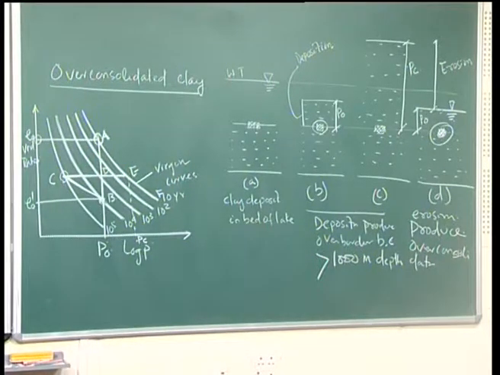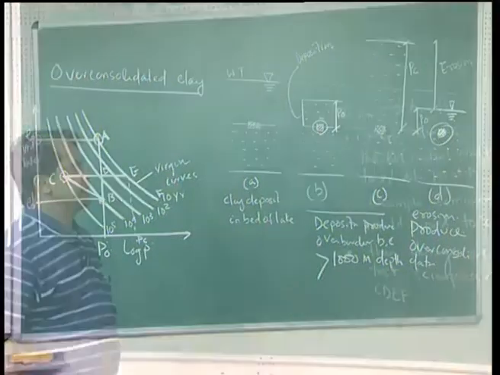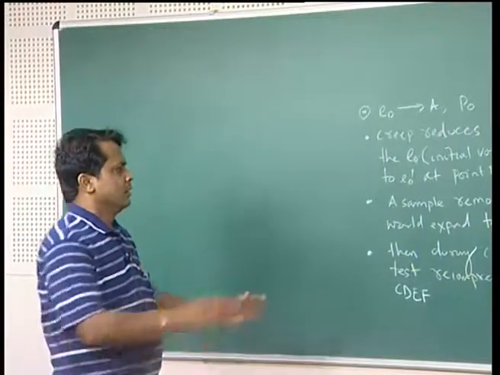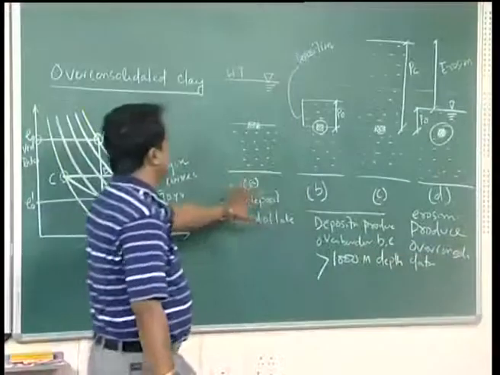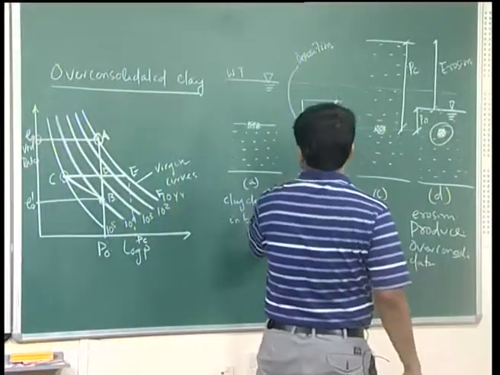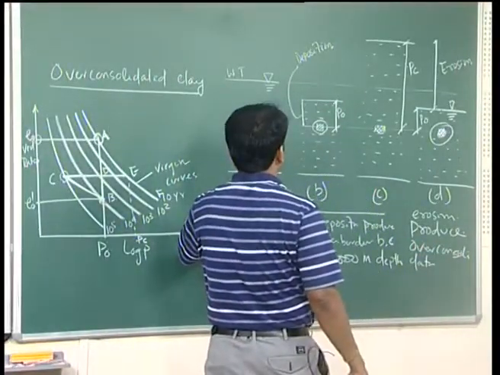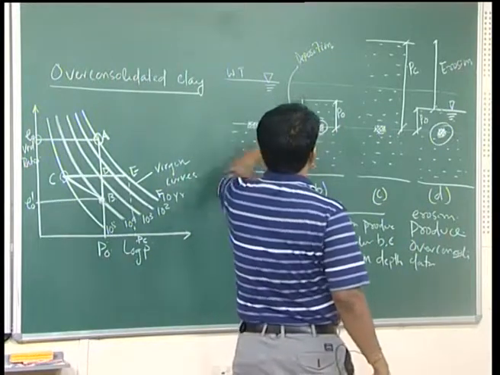This is exactly the phenomenon of over consolidated clay. Compare it with this example, a typical case of a clay deposit in the bed of a lake, where the deposition has increased over a period of time.